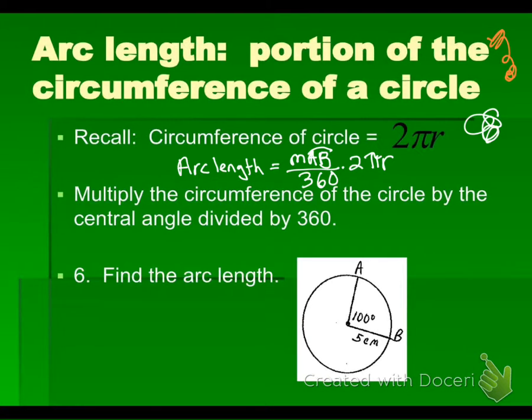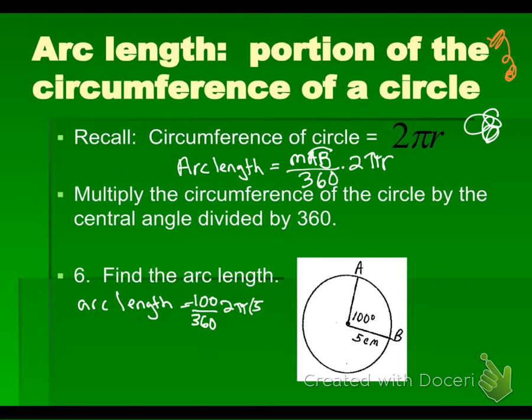So we're going to find our arc length down here. Javion, Rio, arc length. Your arc length is what value? You're going to have your measure of your arc, which is 100. You divide it by 360, and then you multiply it by the circumference, which is 2 pi r.